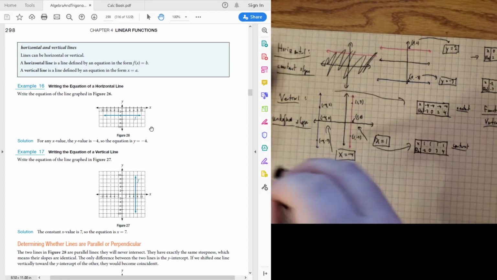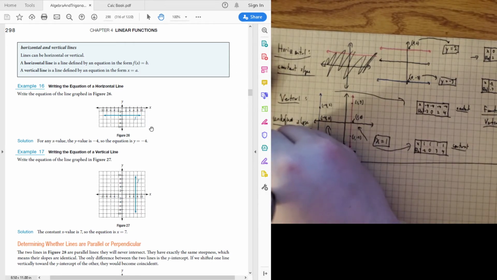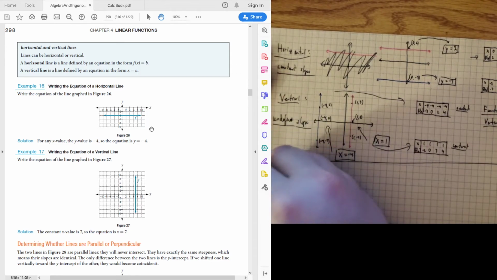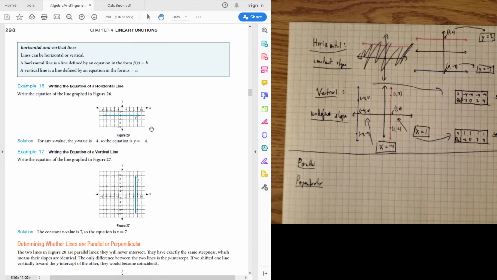All right. Last but not least, parallel and perpendicular. On a grid, it is only possible for these two to happen. And when you're dealing with lines, it is either going to be parallel or it is going to be perpendicular.